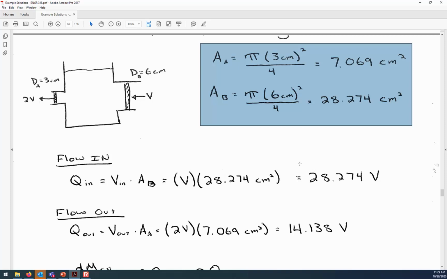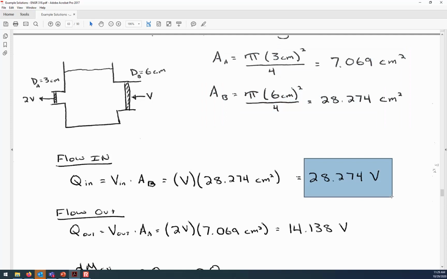And so we know the flow in terms of the unknown velocity V. So it's expressed as a variable, but the flow out is also in terms of V. And so what you can see is that the flow in is double the flow out, even though the velocity at A was twice. And so there's still more water coming in.